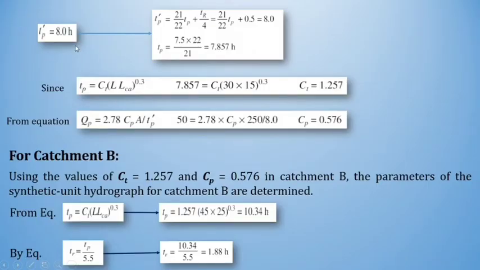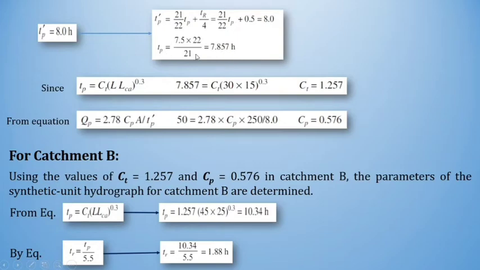After getting this T'_P, you can put this T'_P in the equation. T'_P = 21/22 T_p + T_R/4 = 21/22 T_p + 0.5. You can get the value of T_p, that is basin lag, as 7.857.